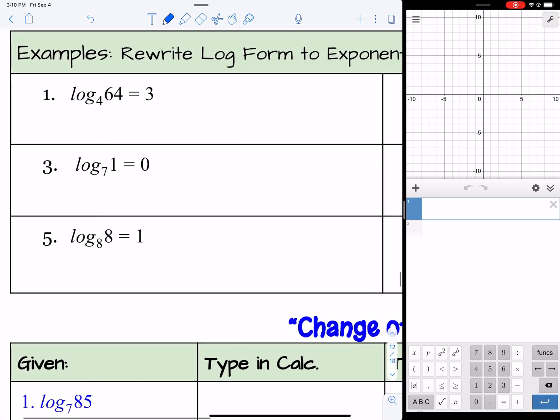So let's look at these examples of writing from log form to exponential form. So still I'm going to use my little cloud and I'm going to say the base, that always comes first. So the base of 4 cubed, or to the third power, so we're going to say 4 to the third power equals 64.